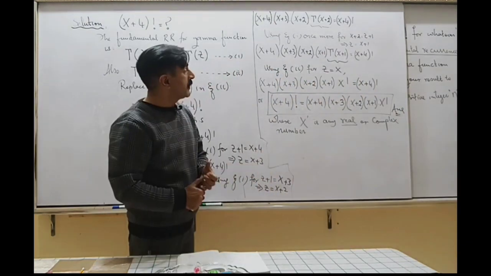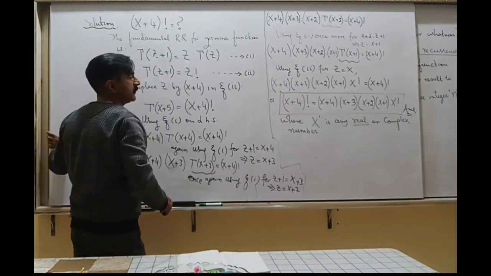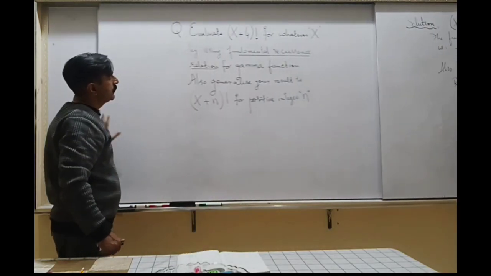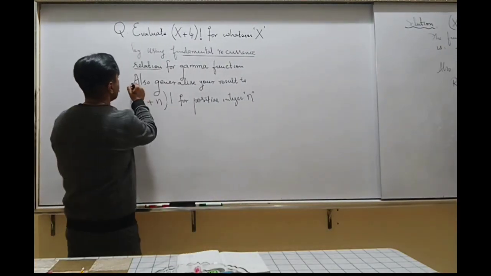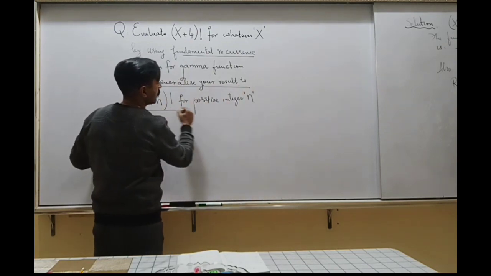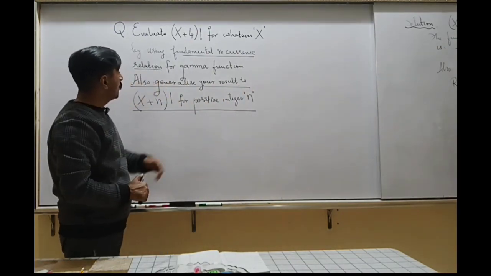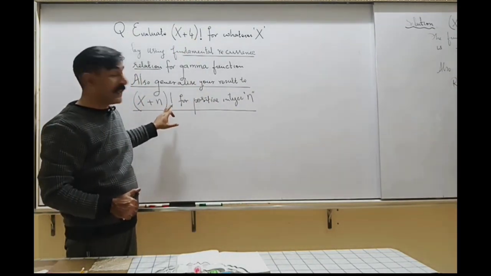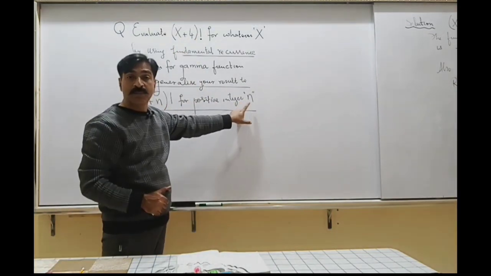Now, in the second part of the question, this is the question. This is the second part. You have to generalize your result for x plus 4 factorial to x plus n factorial, and n is a positive integer.